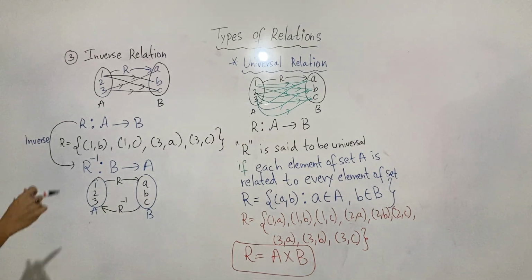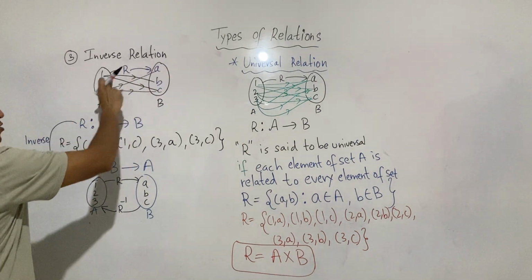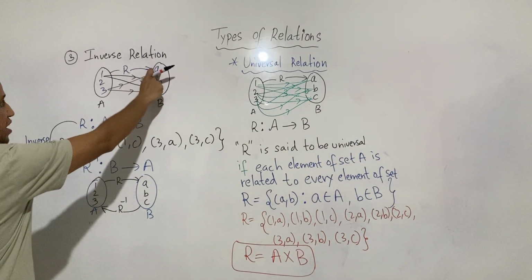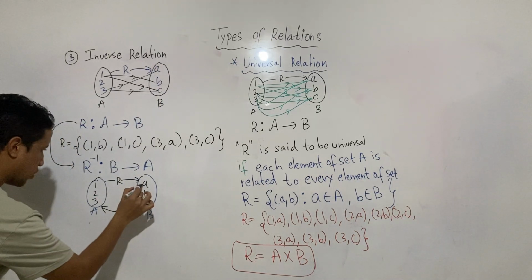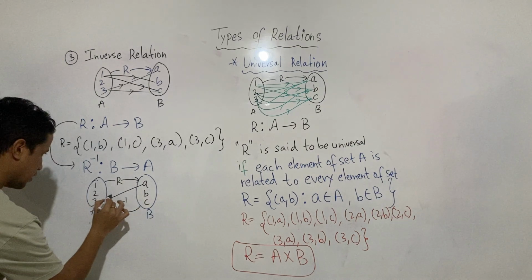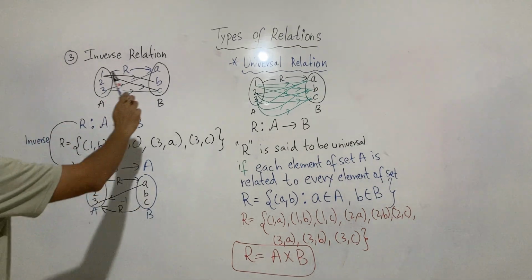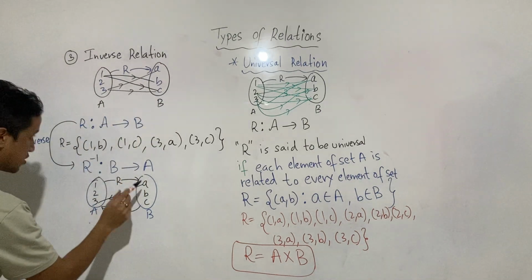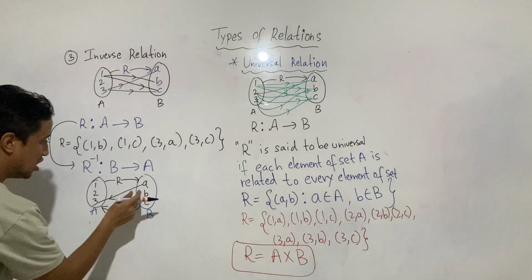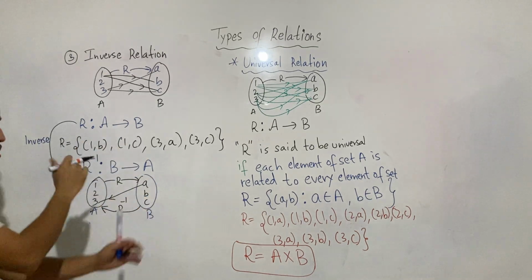Okay, so in inverse relation, see here, A was mapped with only 3, right? So A was mapped with 3. Okay, and 1 was mapped with B. So here we will just do the opposite.